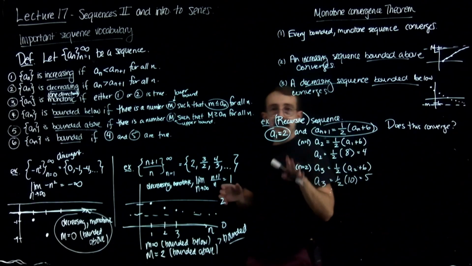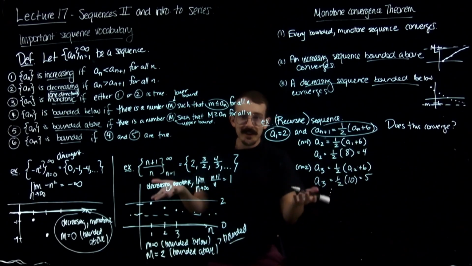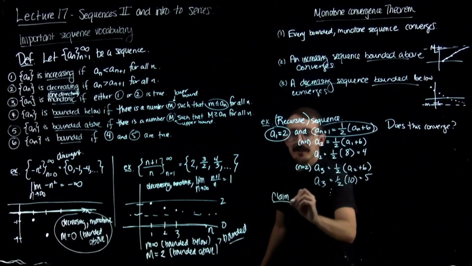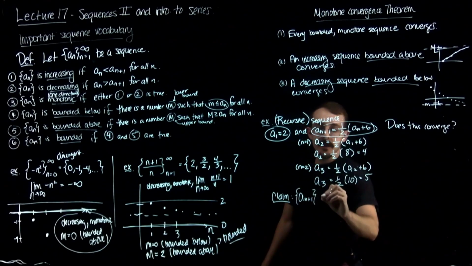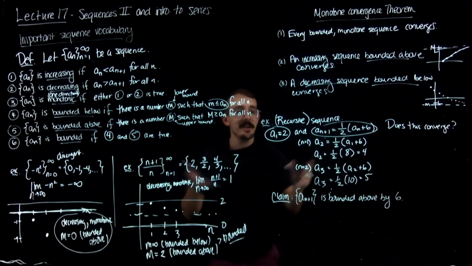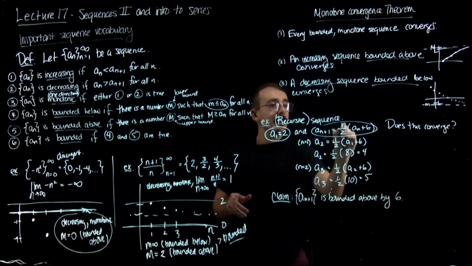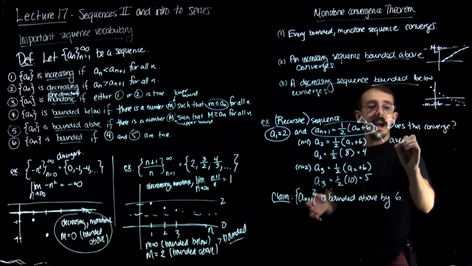OK, so this is the idea behind a recursive sequence. I'm going to try to convince you right now, with a loose argument, that this sequence a sub n plus 1 is bounded above by 6. The main formula is 1/2 of these two numbers, so you could think of this as an average formula.